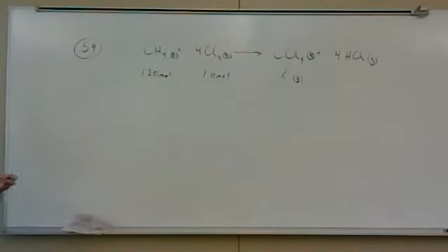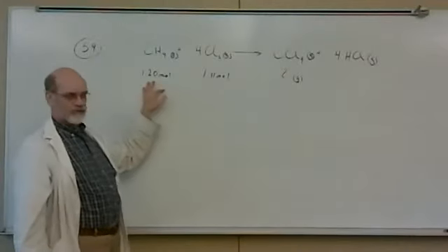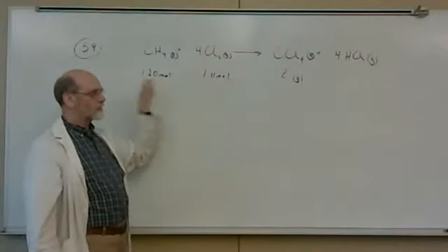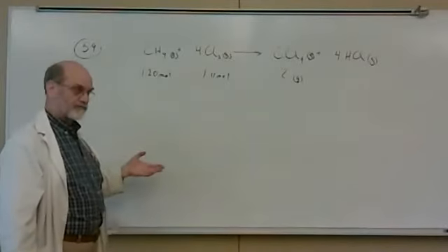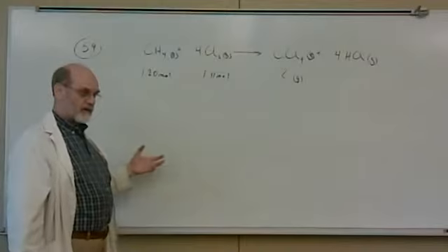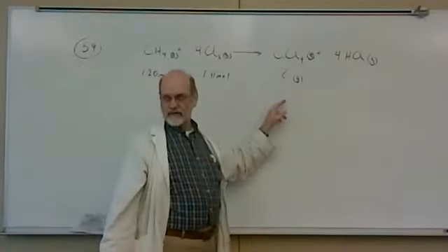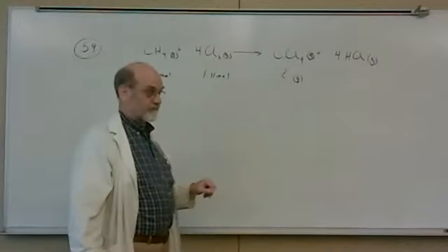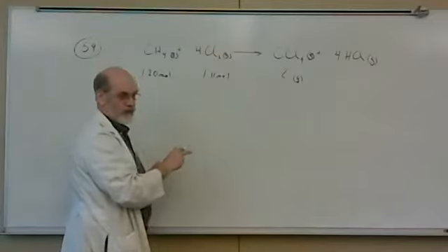Okay. The authors have been kind. You've already got moles, so you can immediately go that direction. But how do you tell which one's limiting? The one that's limiting is the one that produces the least amount of product. Okay, so you got to convert this one to that and this one to that, and see which one makes the least amount.